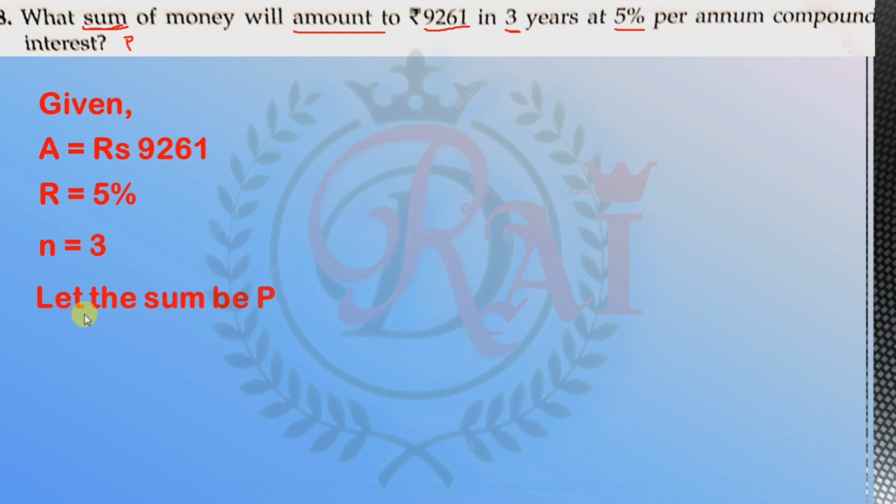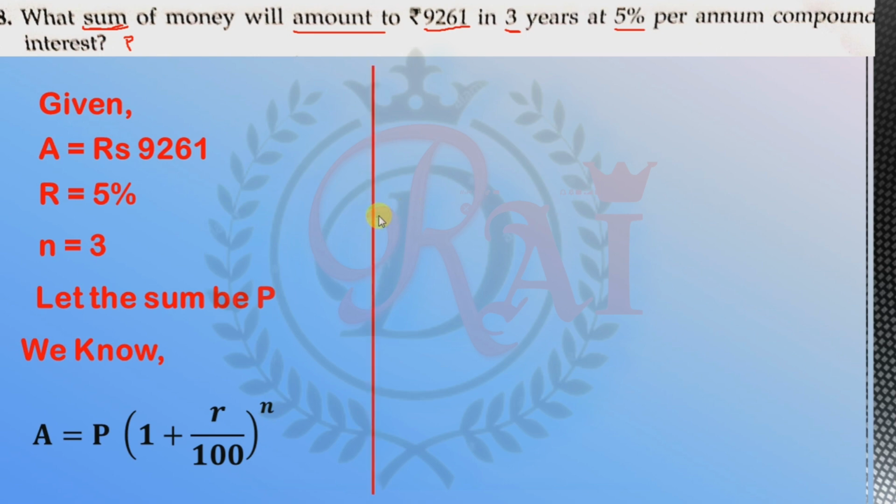Let the sum be p. So principal is p. So we know, since amount is given, I'll write p into 1 plus r by 100 raised to the power n. So instead of A, I'll write 9,261 is equal to, I need to find the value of p, 1 plus, instead of r I will write 5 divided by 100, and instead of n I'll write 3.